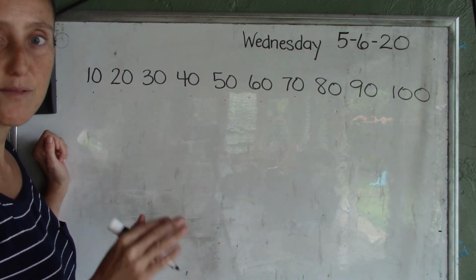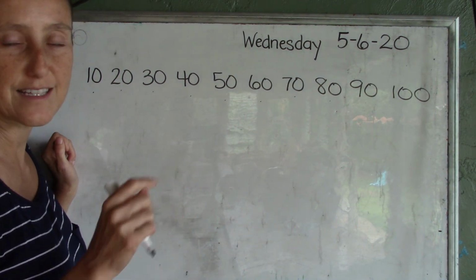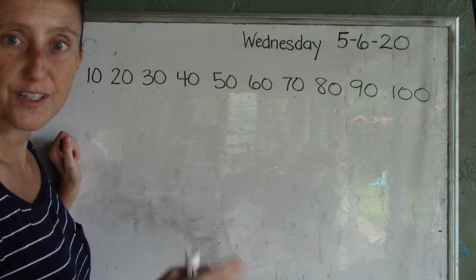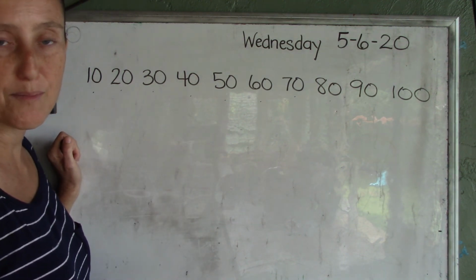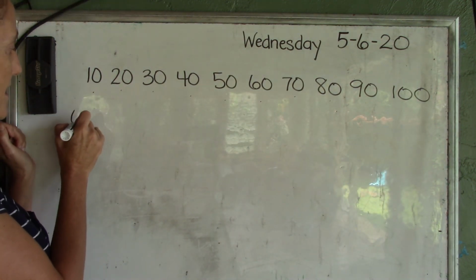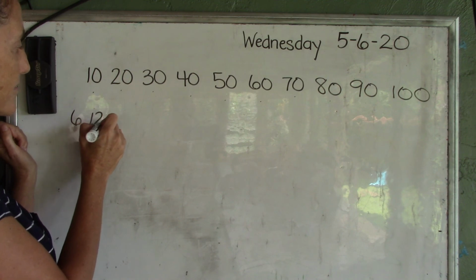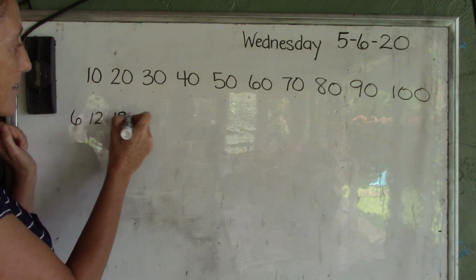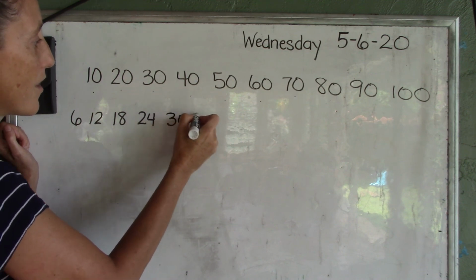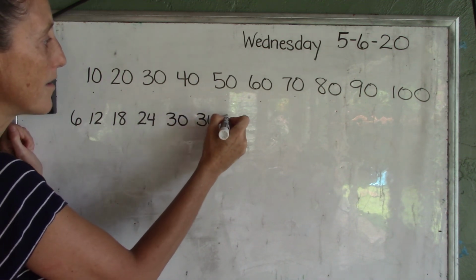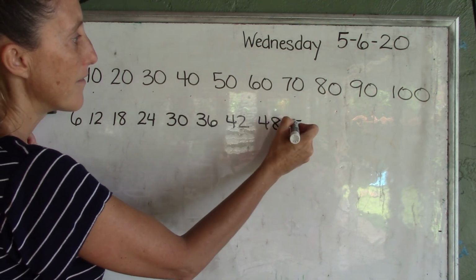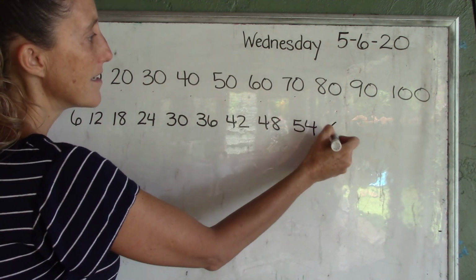And I know some of you are really fast with your tens, so good job with that. We're going to do our sixes, and hopefully we're getting a little faster with that. We're memorizing our sixes, but let's do those next. You ready? 6, 12, 18, 24, 30, 36, 42, 48, 54, 60.